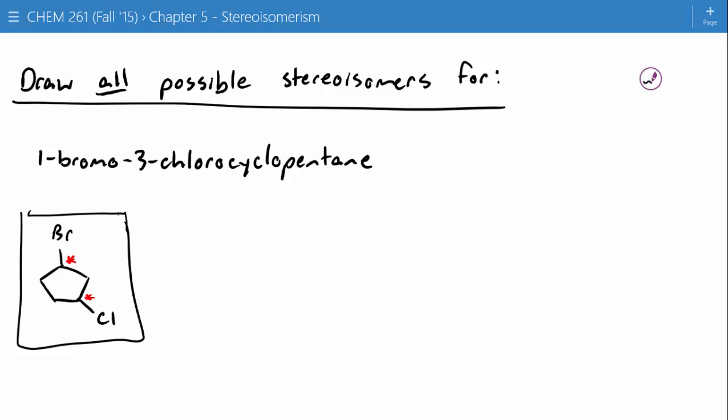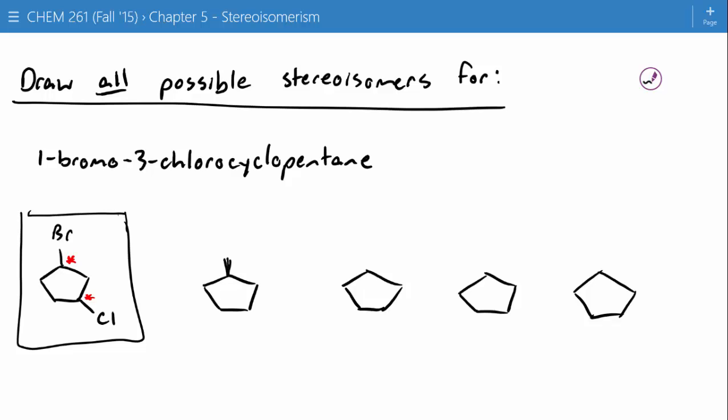I'm going to draw in my cyclopentanes just to speed things up. All right, so we've got our 4 cyclopentanes. What if both of these are wedges? That's one potential stereoisomer.